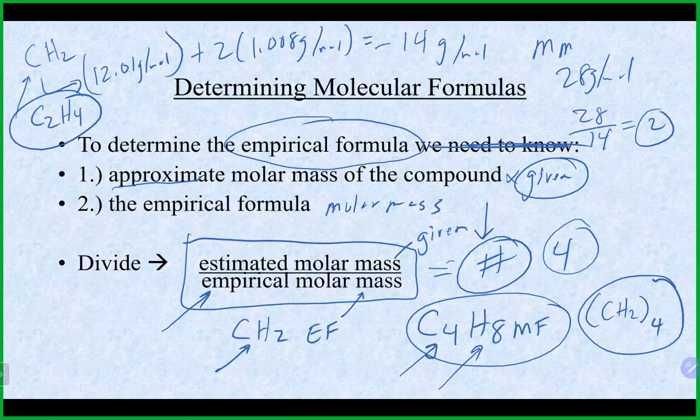Typically speaking, in the lab, like we'll do tomorrow, you would find the empirical formula first. For example, you're going to start with magnesium tomorrow, and you're going to do a reaction where it's going to add on oxygen to make magnesium oxide, right?